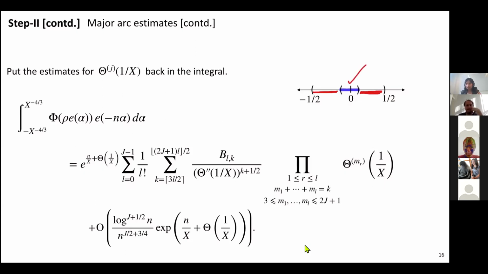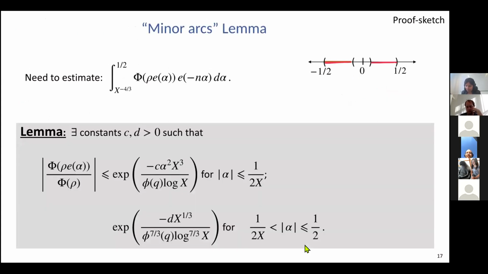Okay. So now going back to this part, recall that this was the integral for the blue part. So this is blue. Now I have just written everything together, and we already know these asymptotics for this. The minor arcs are now this red part over here.